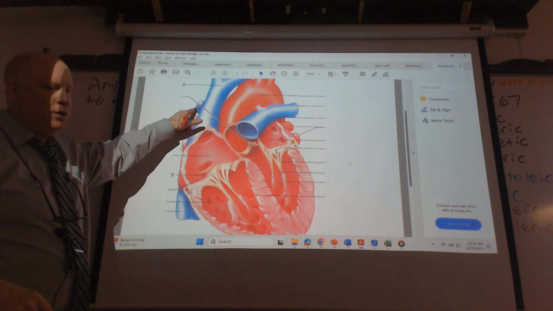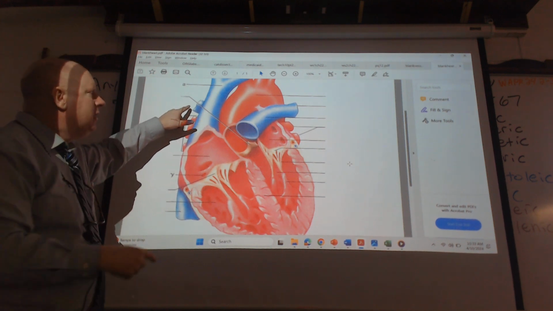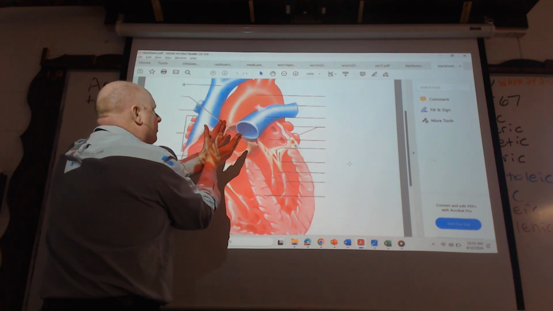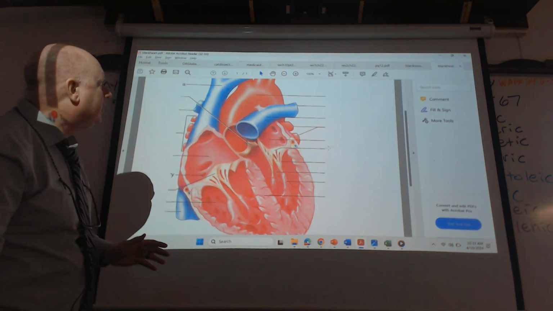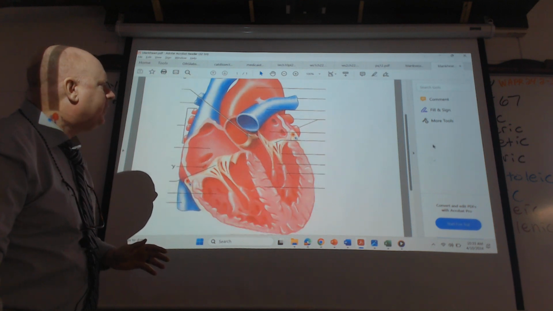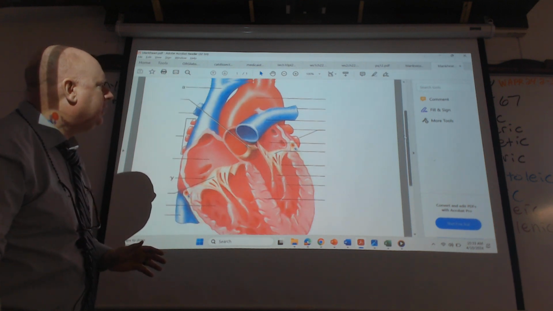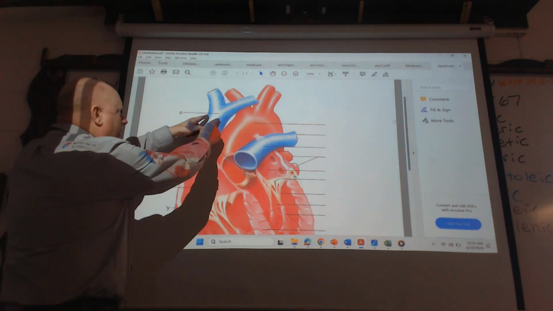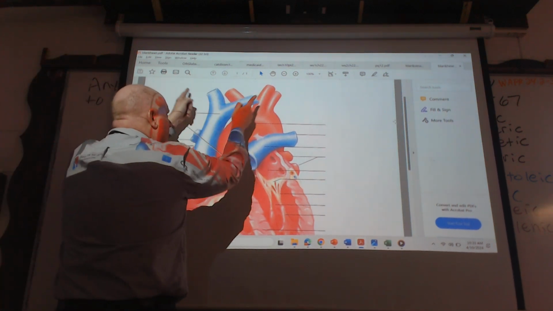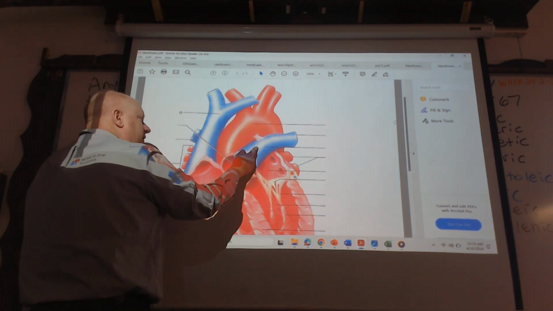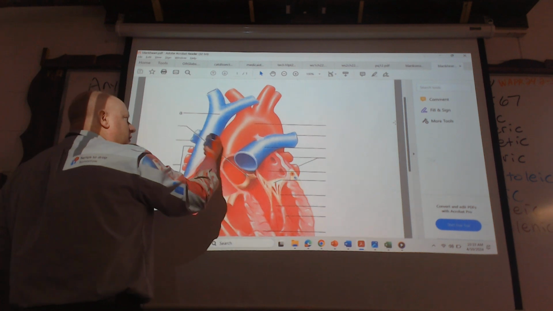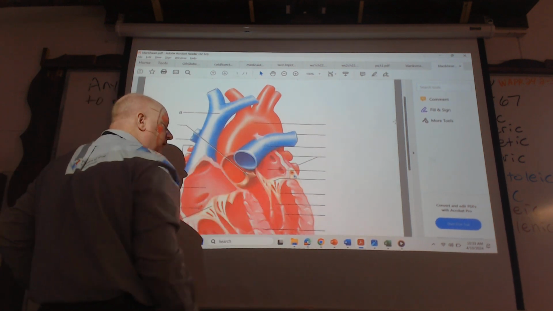Because one of the things that you can't see, okay, is this actually breaks, well, it doesn't break apart, but you could say diverges apart from one another, just like what we see here. This also diverges apart. Well, I guess it comes together, but if it was going this way, it's diverging. So that's what this does, is this wraps underneath the aorta and is going in that direction to the right lung. That's going to the left lung.